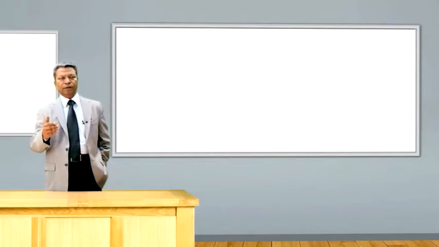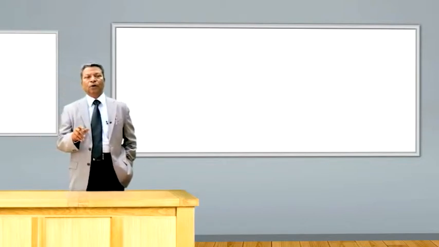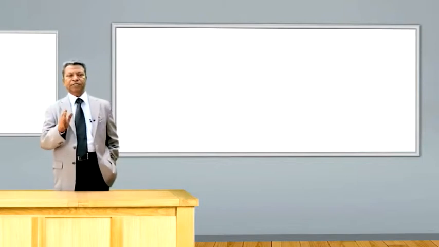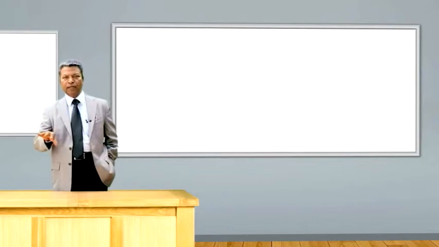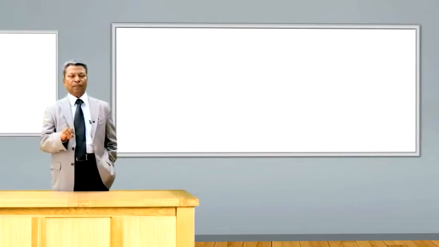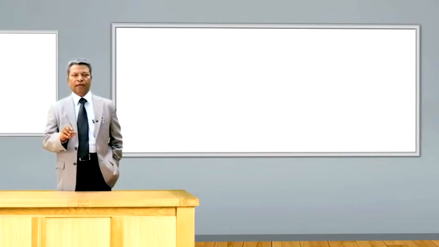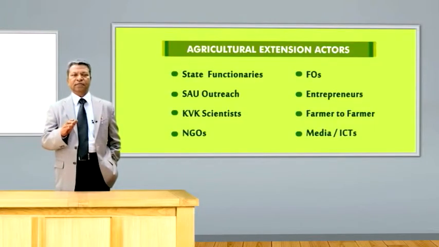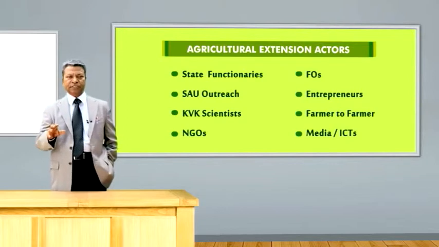Before we talk about the management principles and their application to extension, we must understand how the agricultural extension is operated in a given state. In other words, who are the extension actors in extension processes?